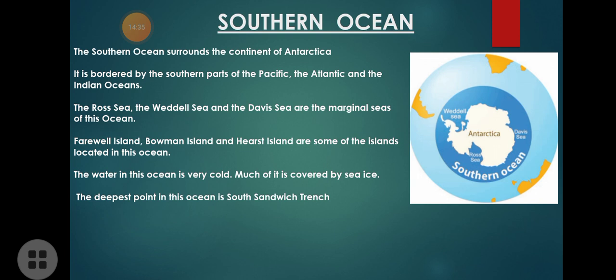And next is the Southern Ocean. It surrounds the continent of Antarctica, which is filled with ice. The borders of Antarctica are the Pacific, Atlantic and Indian Oceans. So Antarctica is bordered by only sea water, no land surfaces.